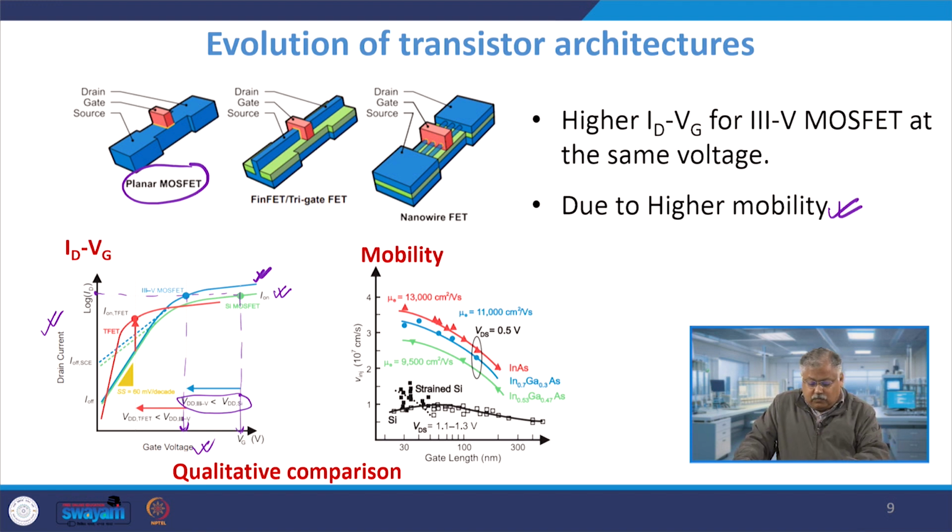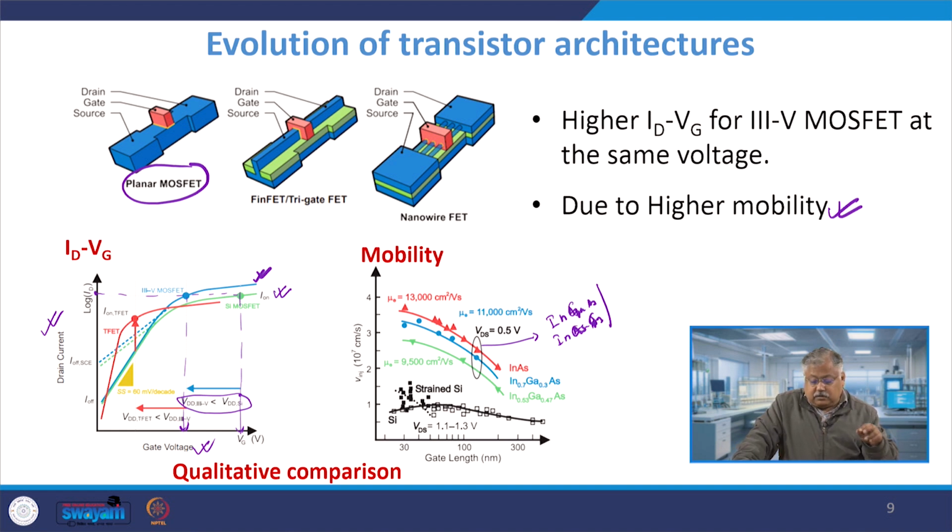But if we compare one by one, this whole lot here is for indium arsenide, and we have got ternary compound indium gallium arsenide of various mole fractions available to us, right? And if you look interestingly, indium arsenide has an extremely large value of mobility of 13,000 centimeter square per volt second.